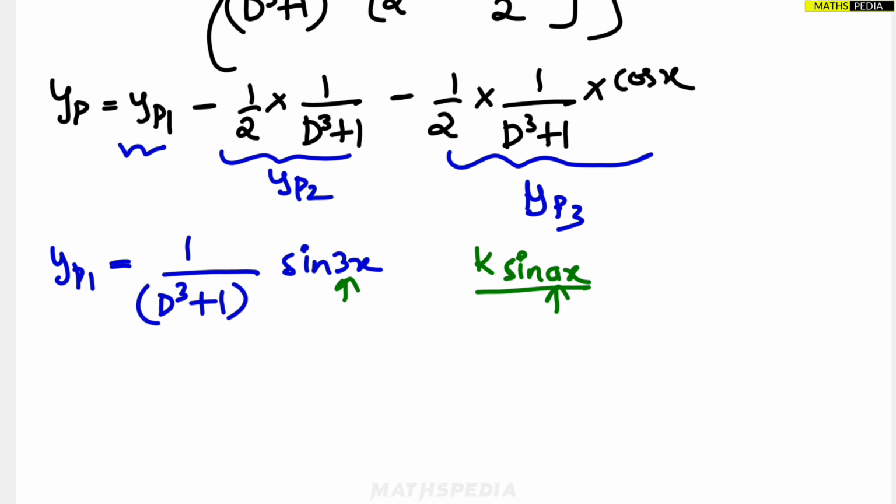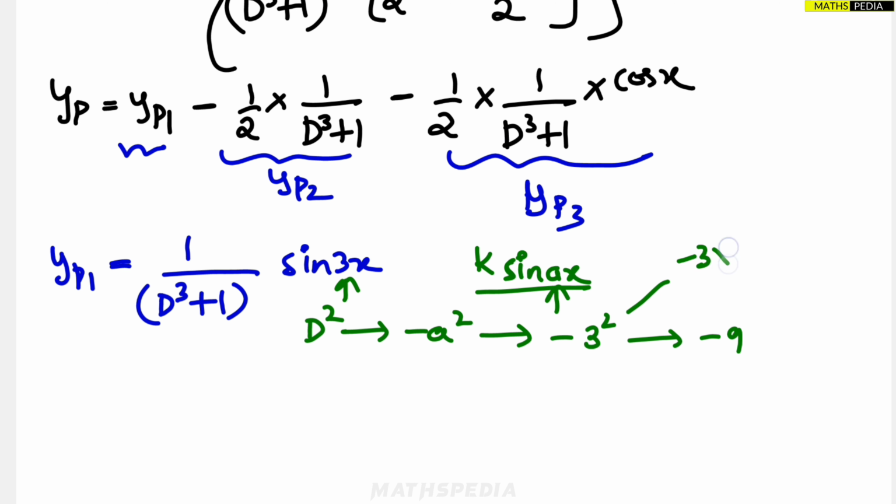So we can substitute here d square value as minus a square. In this case, what is a? Minus 3 square. Minus 3 square value is nothing but minus 9, not plus 9. As we have discussed before, minus 3 square basic meaning is minus 3 into 3, not minus 3 into minus 3. Minus 3 whole square meaning is minus 3 into minus 3. Okay, so there is a difference between these two. So I have to substitute in place of d square as minus 9.